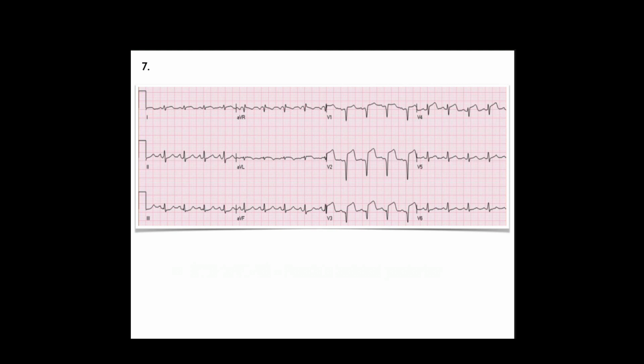And what's it reciprocal to? There's elevation in V2, V3, V4. There certainly is elevation in septal anterior, no question. I mean, you're off to the races with this one. But let's go back and look.